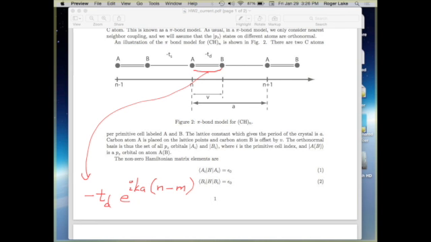In this case, this is the index of the unit cell, and they're both in the same unit cell. So m equals n when they're both in the same unit cell.